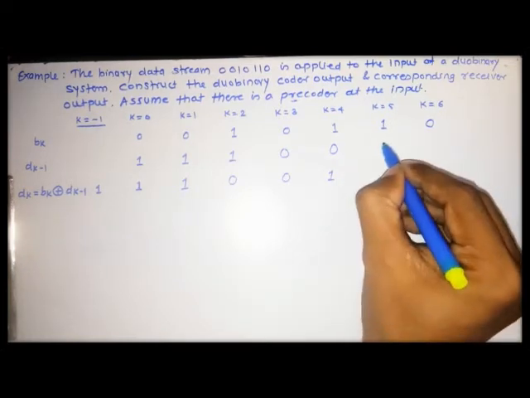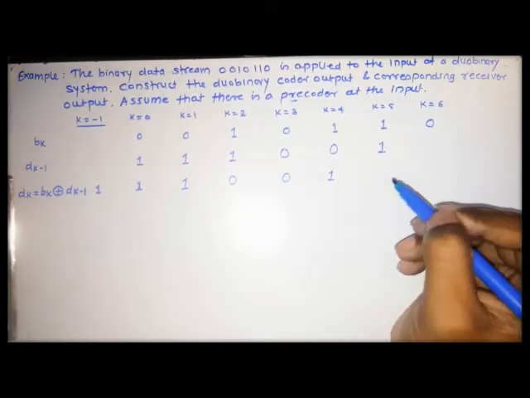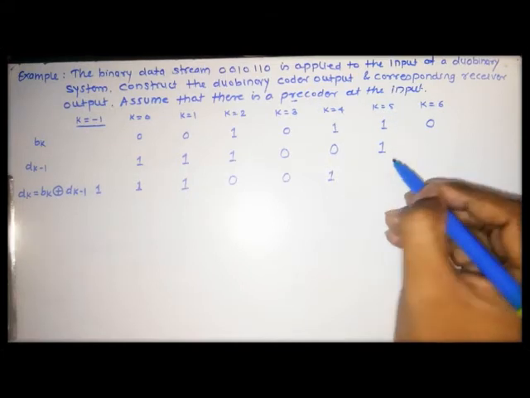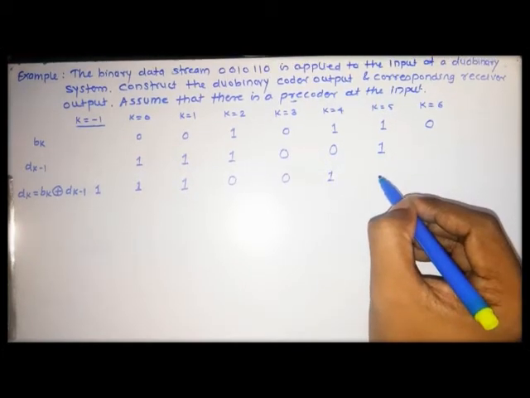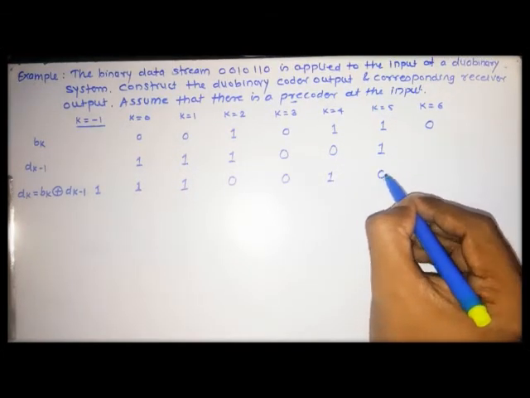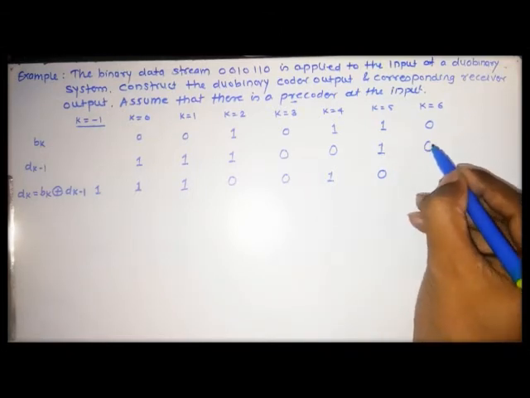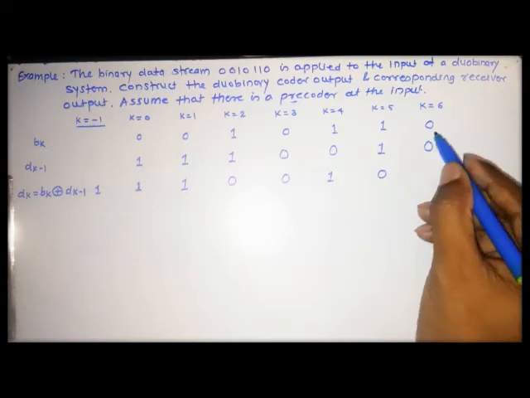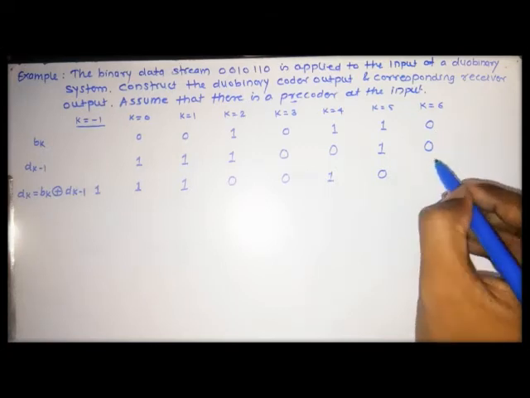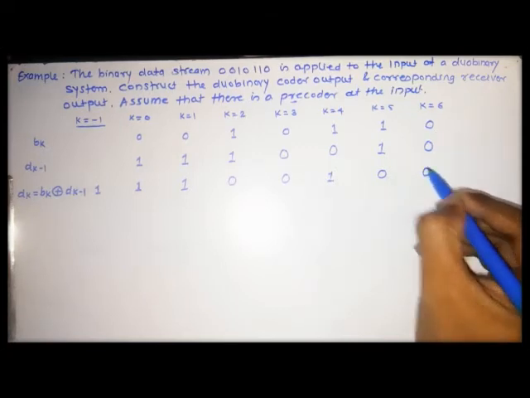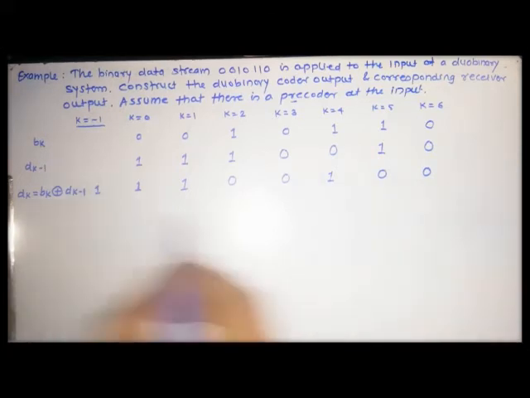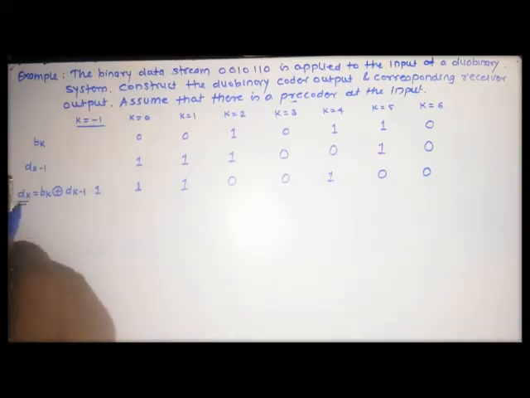Now that's why this bit becomes 1. 1 plus 1 becomes 0. Okay, so that's why this bit becomes 0, and 0 XOR with 0 becomes 0. Okay, so we have calculated the dk bits.